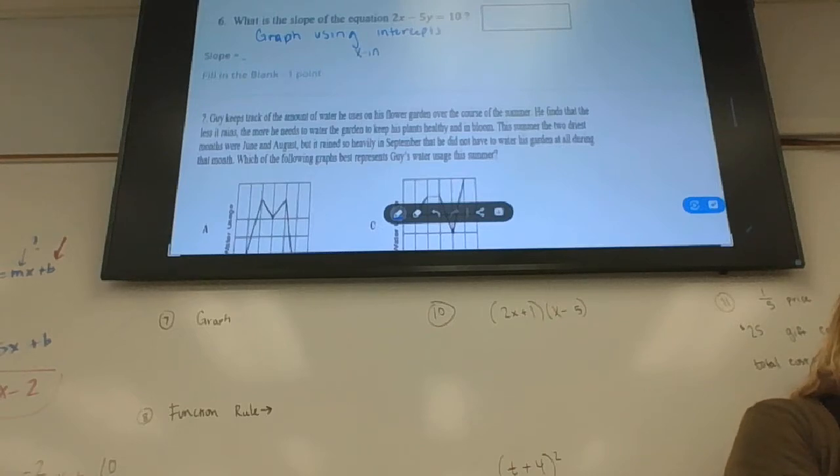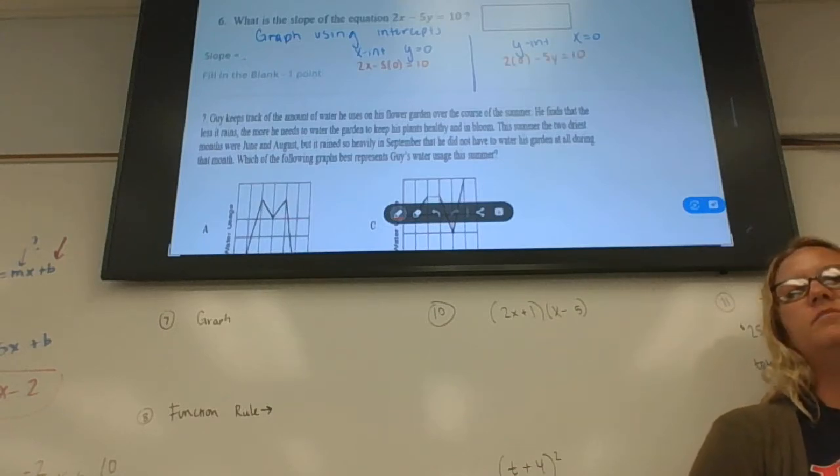At the x-intercept, y equals 0. And then for the y-intercept, x equals 0. So you're going to do it twice. We're going to do 2x minus 5 times 0 equals 10. And then 2 times 0 minus 5 times y equals 10.